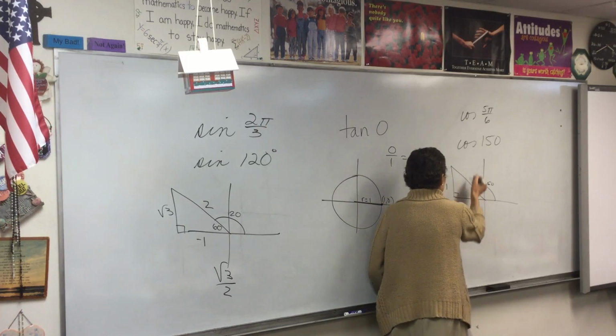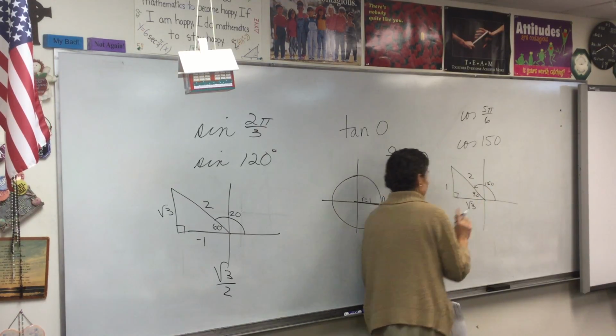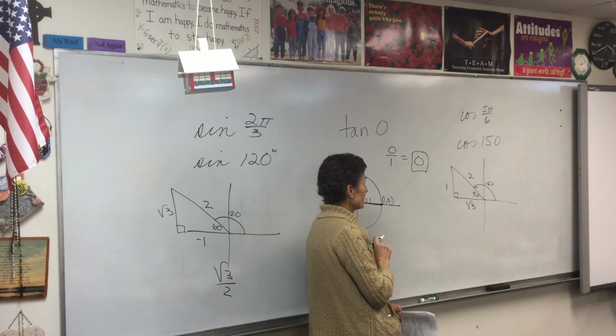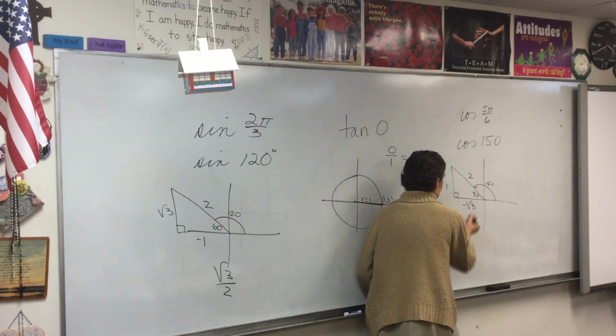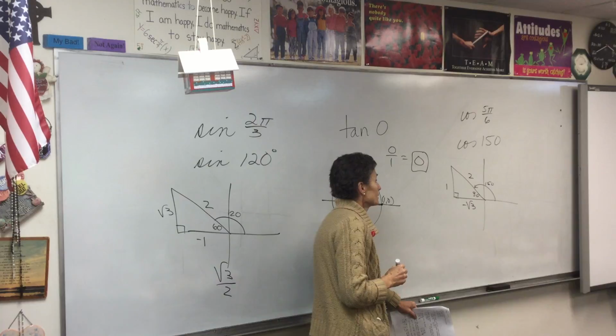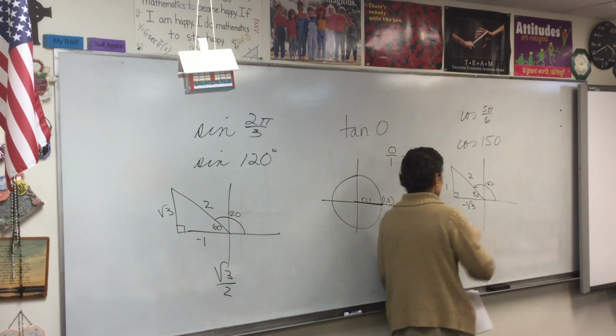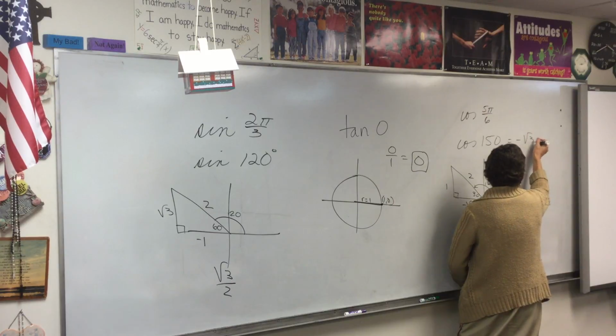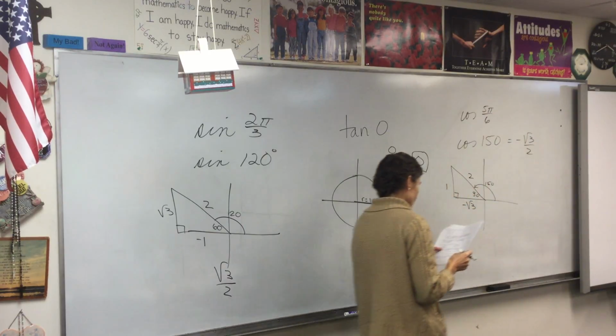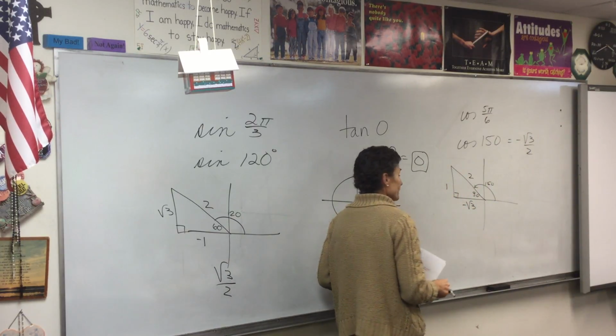So I can label my sides and then stop myself and say, okay, is anything negative? Root 3. Cosine. Adjacent over hypotenuse, negative root 3 over 2. Perfect, perfect, perfect.